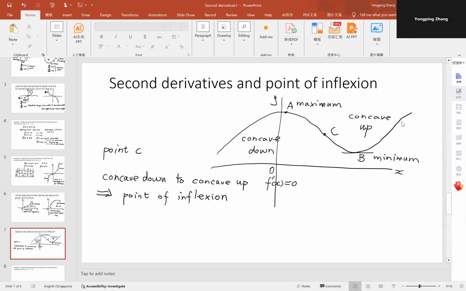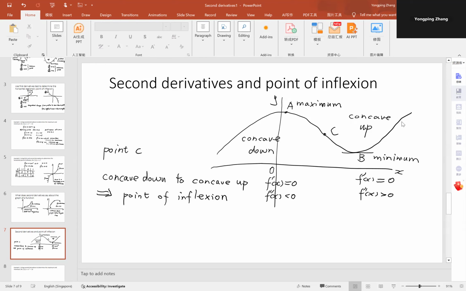Here f'(x) equals 0 and the second derivative is negative. For this part, f'(x) equals 0 and the second derivative is positive.